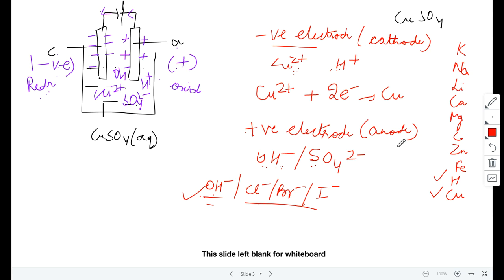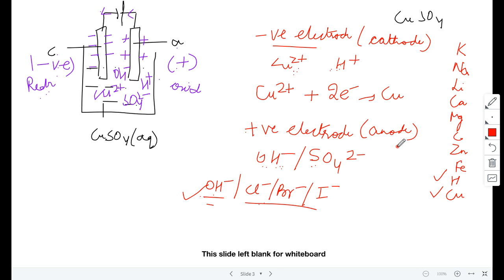If the copper, or whatever is in place of copper, is more reactive than hydrogen, then it will stay in the solution. But if hydrogen is more reactive, then hydrogen will stay in the solution. The more reactive out of these two will stay in the solution, and the other one will go to the negative electrode, the cathode.